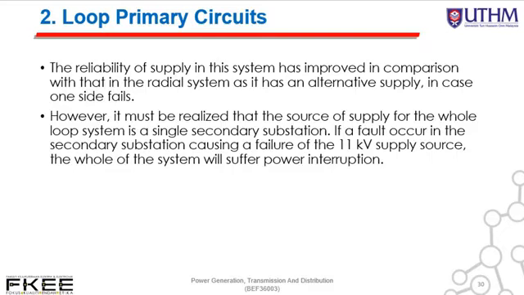However, you have to bear in mind and realize that the source of supply for the whole load system is a single secondary substation. In this situation, any failure in the supply source would cause the whole system to suffer power interruption.